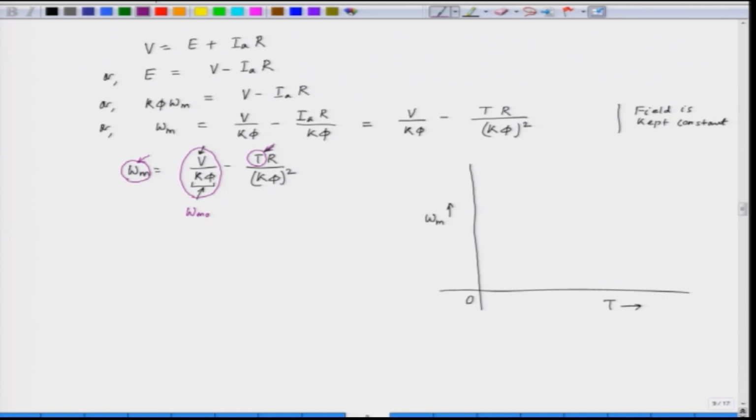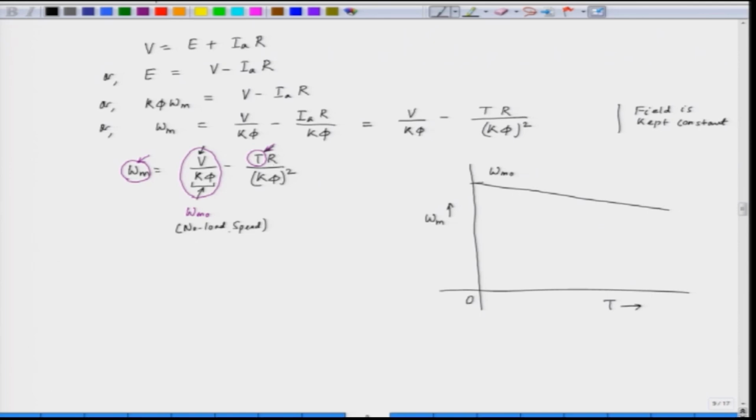So, we get a straight line here, and this is the no load speed omega m naught, and the slope of this characteristic is R by K phi square.